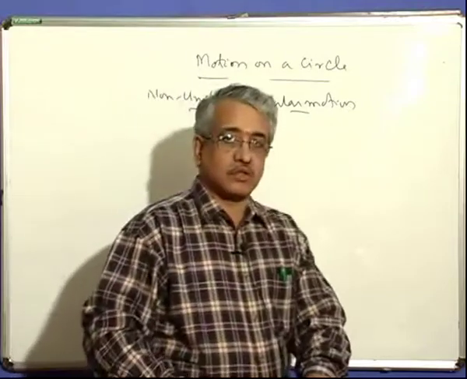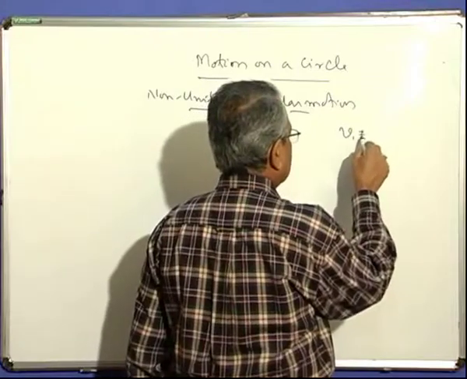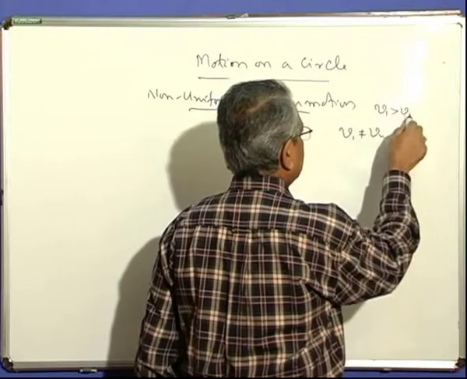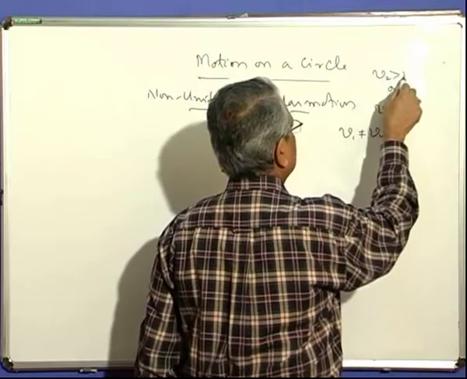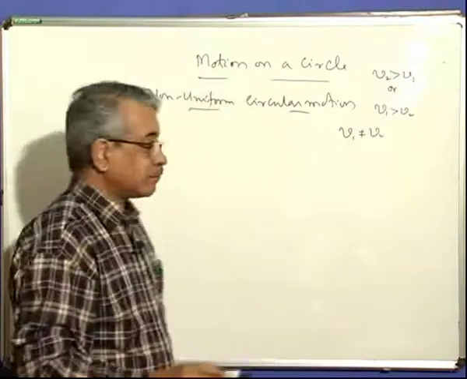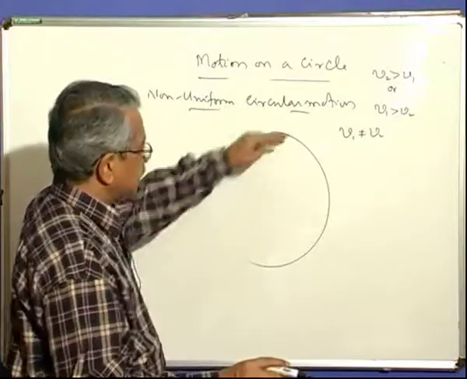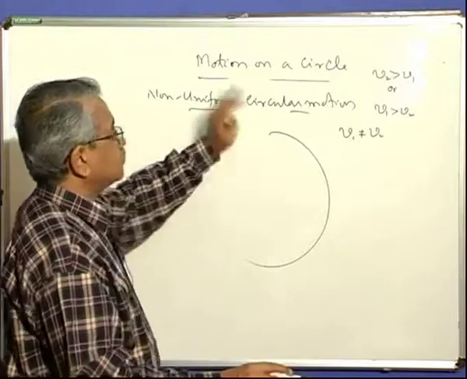In the case of non-uniform circular motion, the speed is not constant. That means v1 is not equal to v2. Either v1 is greater than v2 or v2 is greater than v1. Something should be there in magnitude. Let us see how it will be. Let us say a body is moving on the circumference of a circular path like this, which is non-uniform circular motion now.